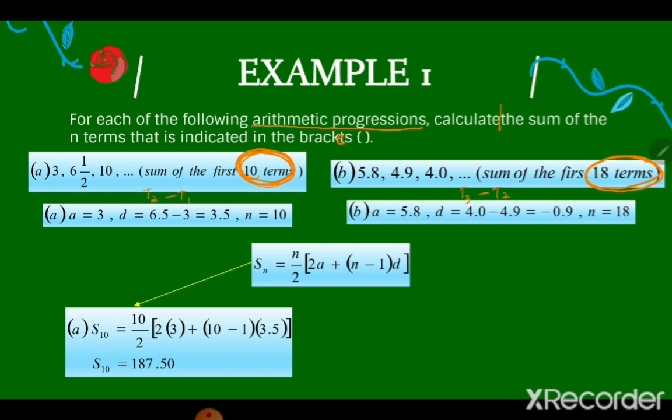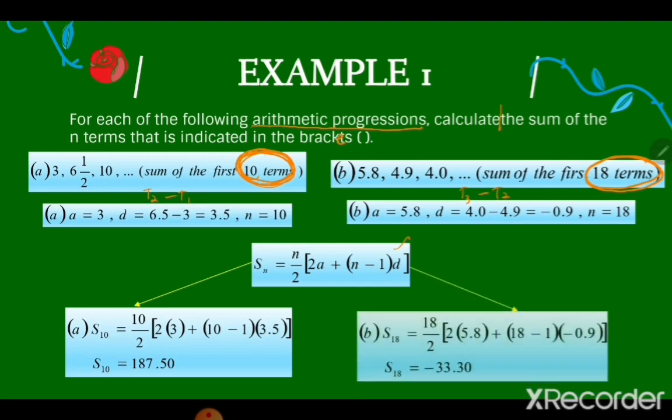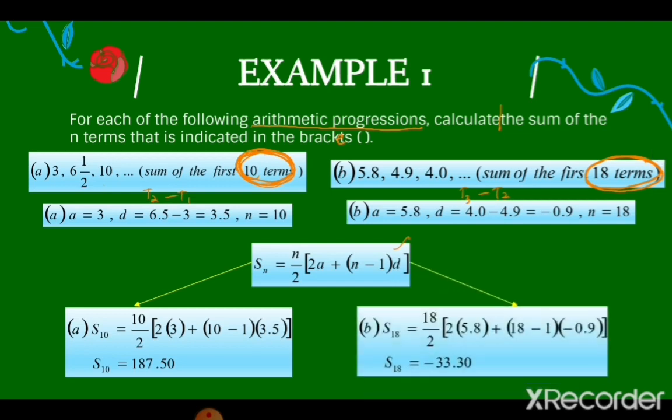It is the same. So n equals 18. Why 18? Because we want to find the sum of the first 18 terms. By using this formula for the sum of the first n terms in an arithmetic progression, you substitute all the values. So we have S18 equals negative 33.30.